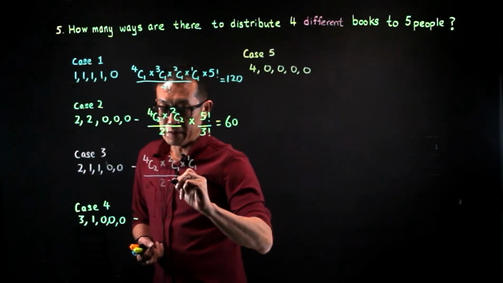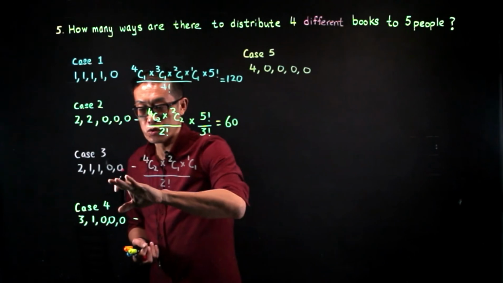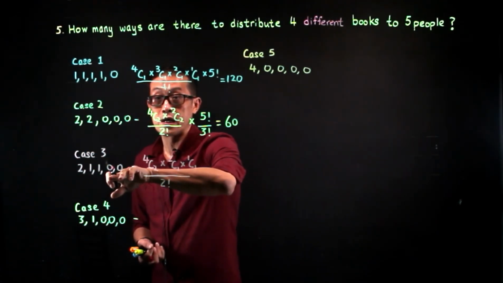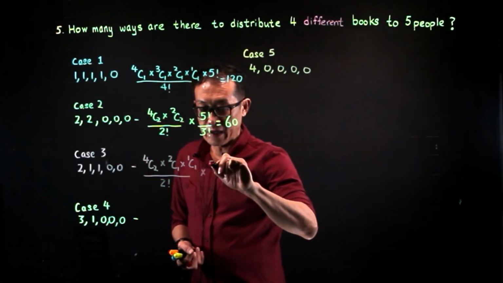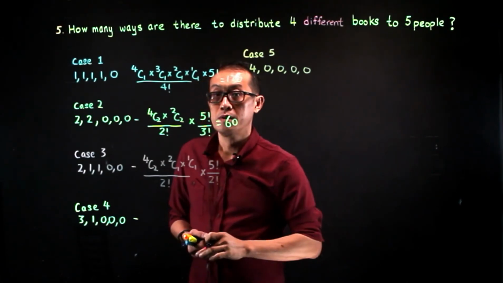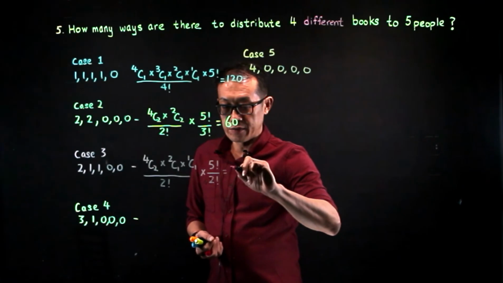So you need to divide by 2 factorial. And how many ways are there for us to arrange these 5 objects? Bearing in mind these 2 zeros are identical, so you times 5 factorial divided by 2 factorial. Okay, and then you get an answer of 360.